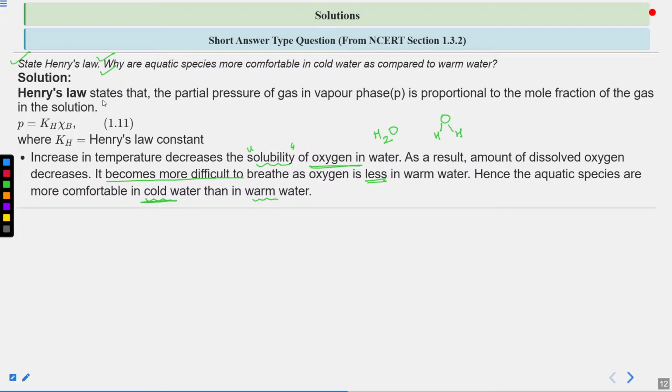In this question we have used Henry's law, Henry's constant, vapor pressure, and this concept of oxygen solubility, why aquatic species are comfortable in cold water. Okay, so let's move on to our next question.